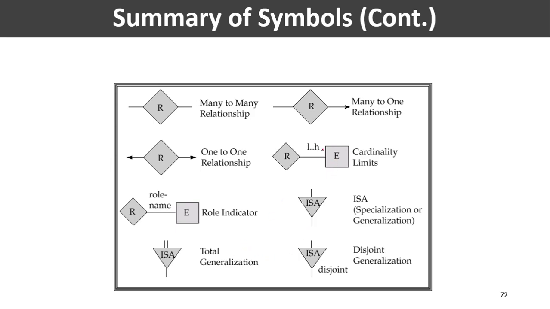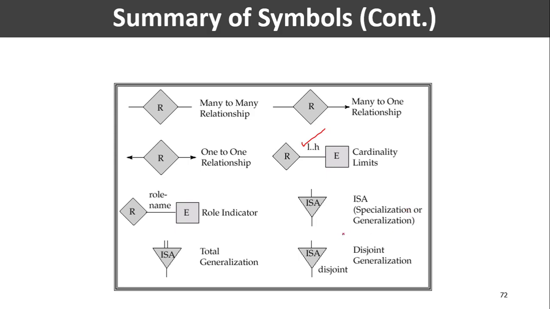Instead of showing the cardinality with directed or undirected lines, we may use cardinality limits denoting the actual cardinality of the relationship, with the lower limit and the higher limit. If we would like to mention a role, the link between the entity set and the relationship set is labeled with the role name.